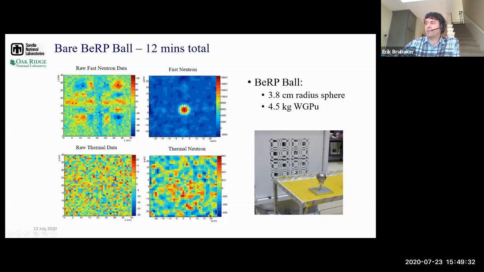In these images, generally you'll see a dotted line corresponding to the true measurements of things in the scene. For the fast neutrons, we see a signature coming from the whole Burke ball. We don't see much of a thermal neutron signature, as expected, because there's no nearby material to moderate neutrons.